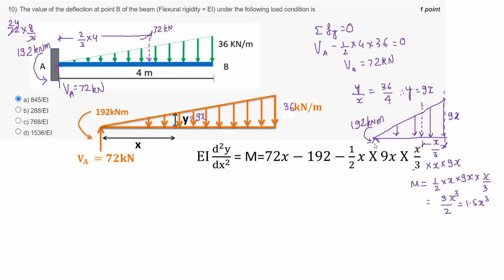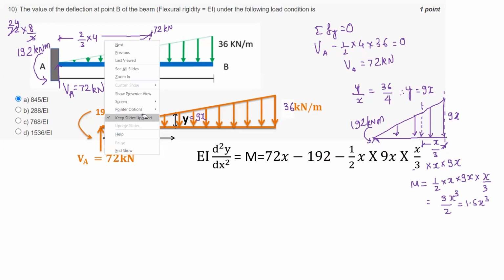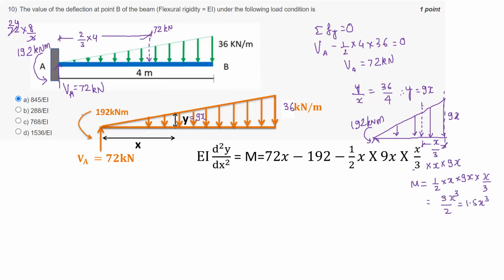We actually have this reaction 72, so this will be 72x minus the bending moment, which need not be multiplied by distance. So we have 192, and then 1/2 x into 9x into x by 3. This value is the same as before. So this is the equation of moment.